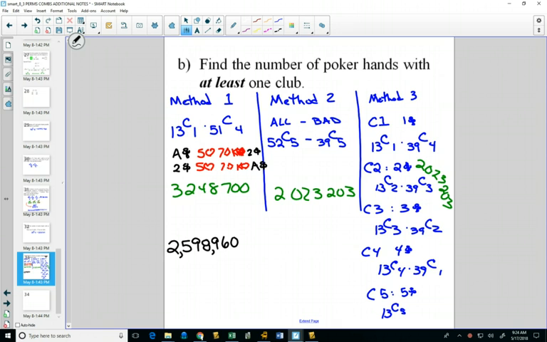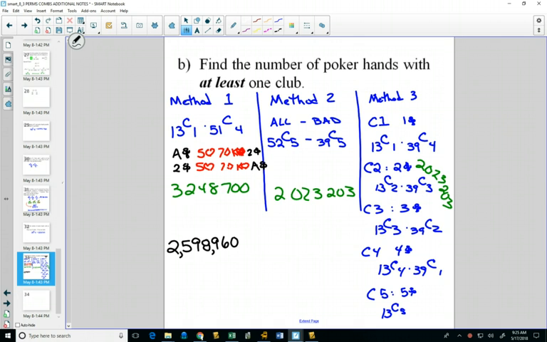Now, according to what I've written in method 1, I would have counted these 2 hands as different. Why are they different? Because I chose a different thing to begin with, and then I chose 4 more cards. But the order doesn't matter in the end, and those 2 hands are the same.